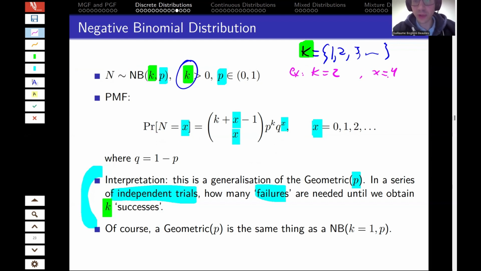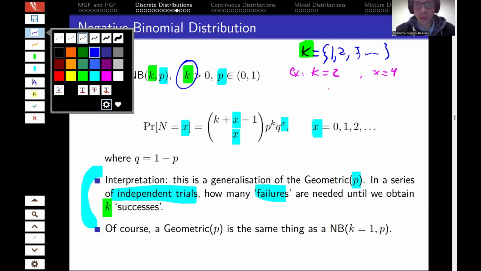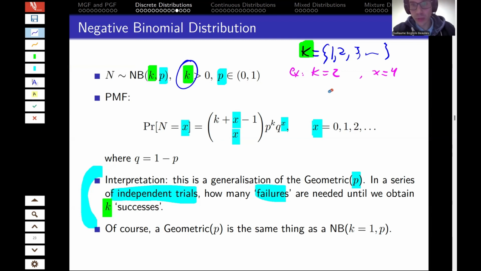So little x would be 4 here. The interpretation is that I want to find the probability that I have 4 failures before I get my first 2 successes. Now, how can this happen? You can visualize this as being 6 trials, because I need 2 successes and I need 4 failures. So you can have your 6 trials here represented as those spots.